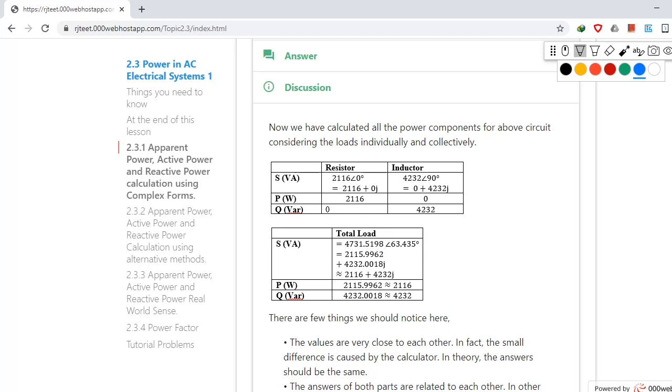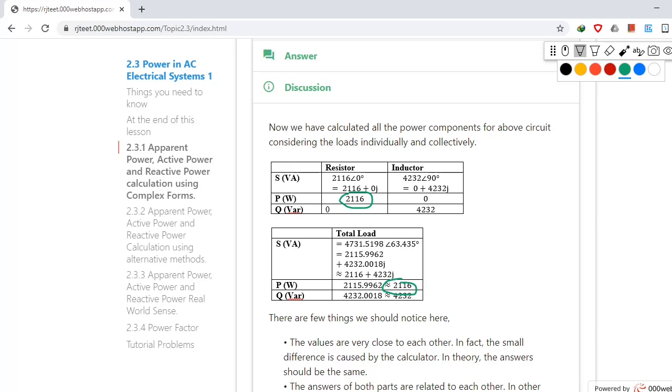So in fact, in theory, these two results must be the same. For instance, the active power consumed by the resistor should be the same as the active power consumed by the entire load.